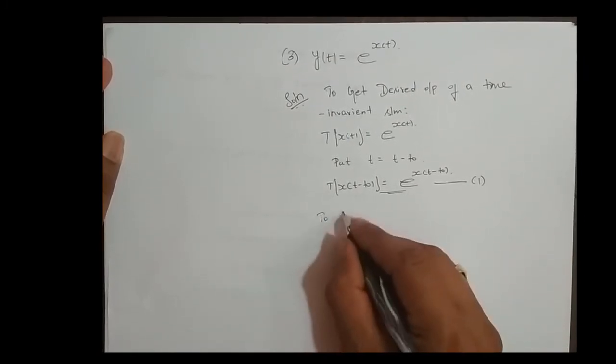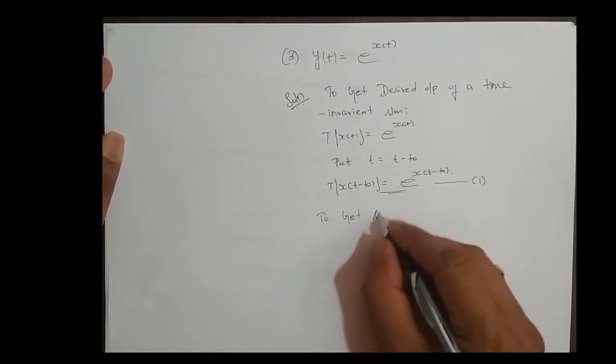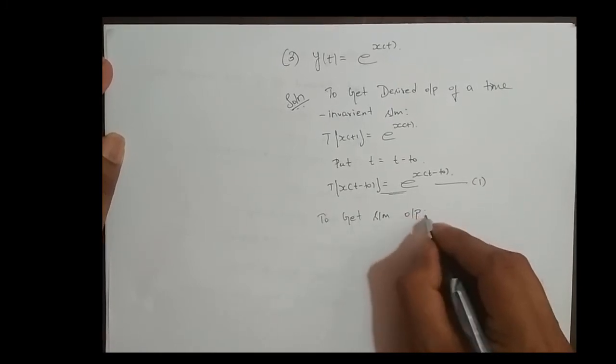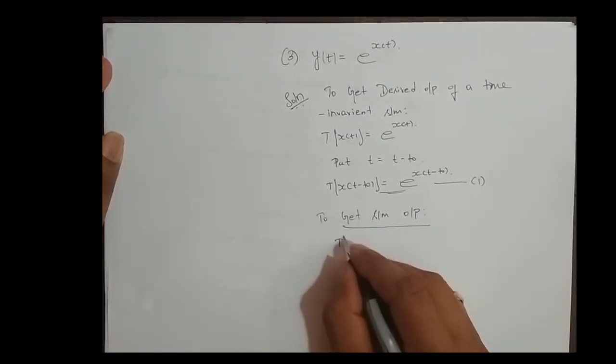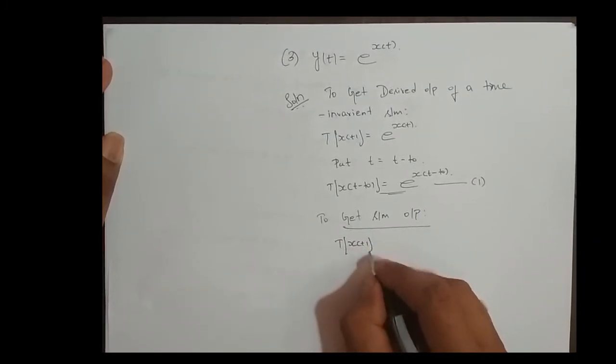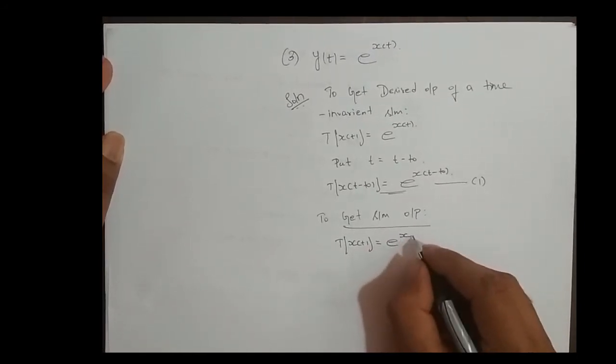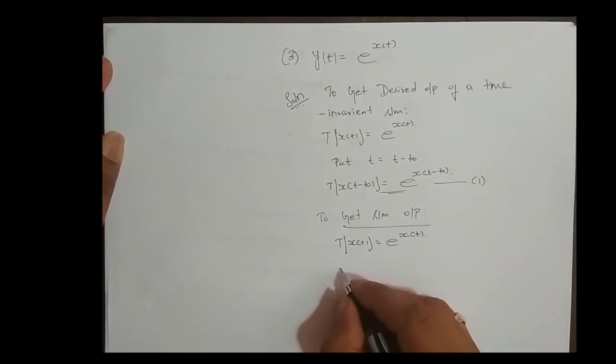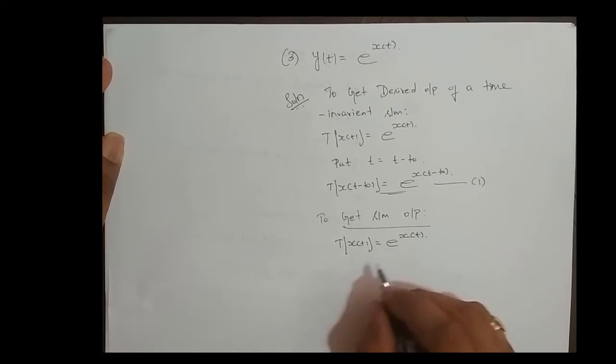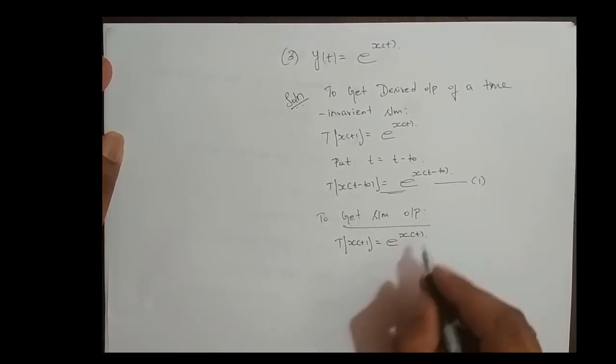Next step is to get the system output. So how do we get system output? Transformation of x of t is equal to y of t, and y of t is e power x of t. So what is the system doing? If I send x of t as input, that x of t goes to exponential, right?